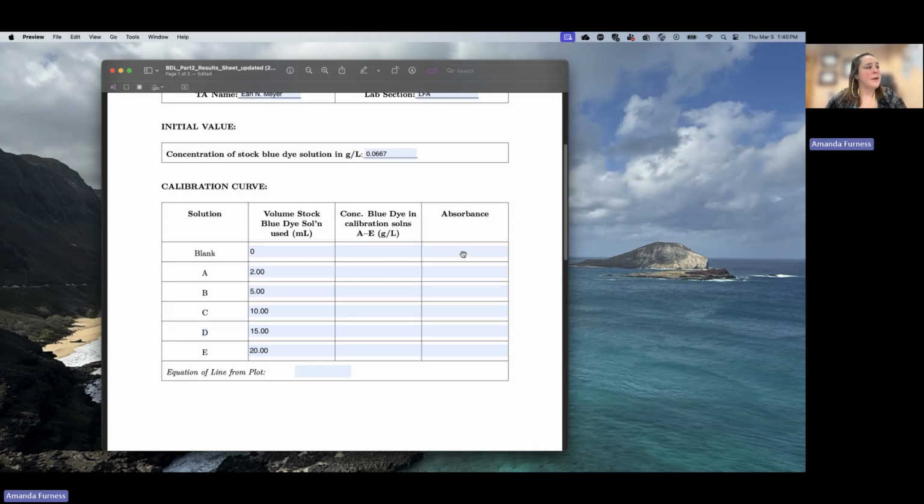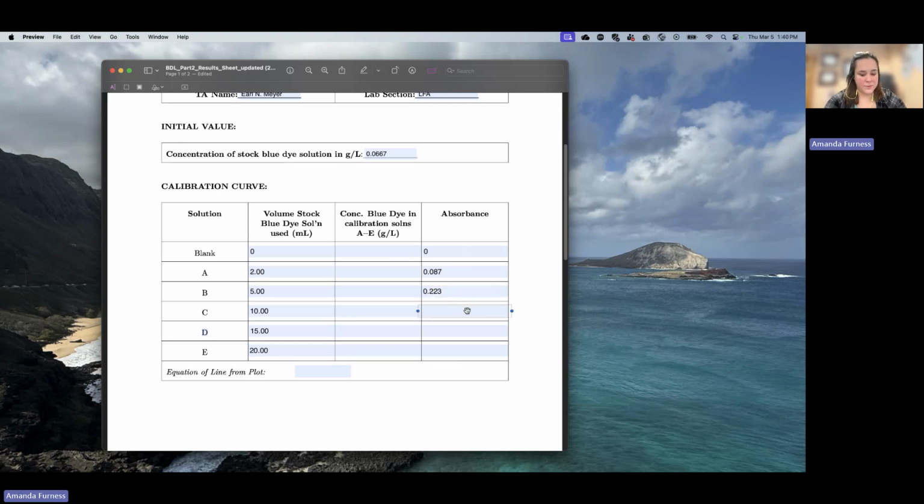All right, the other piece of information that you should have obtained while you were doing this experiment are the absorbance values. So again, please do not use my absorbance values. There's a chance yours might match mine, but if they don't, make sure that you're using the actual absorbance values that you got, okay? And so then I have 0.223.